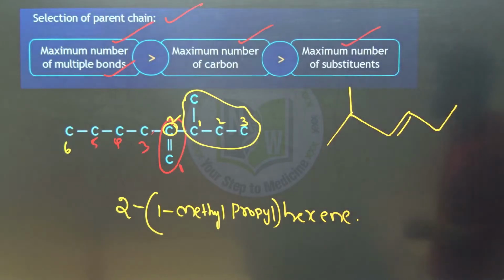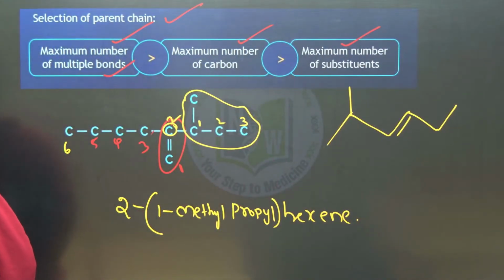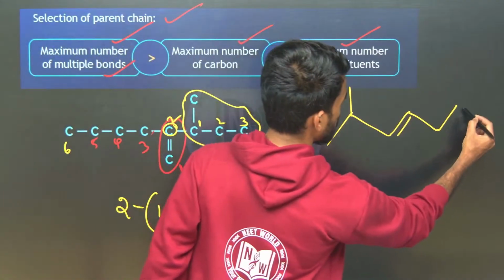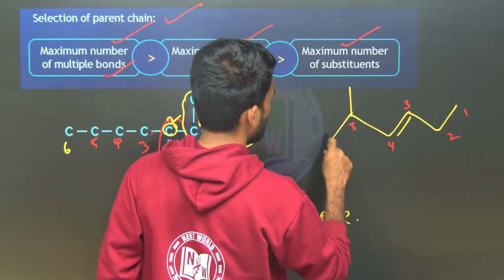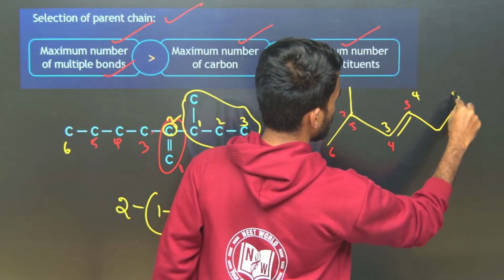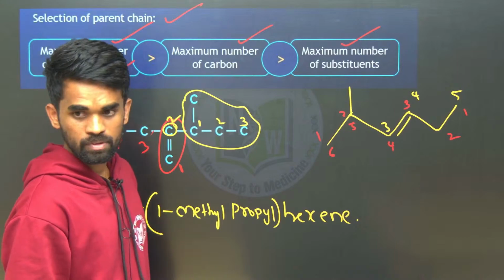what is the name of this compound? From where should we number? From the right side. See, from this side if I number, 1, 2, 3, 4, 5, 6. From this side, 1, 2, 3, 4, 5. Tell me which is the correct way of numbering.